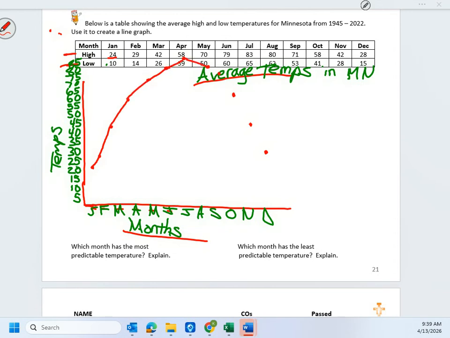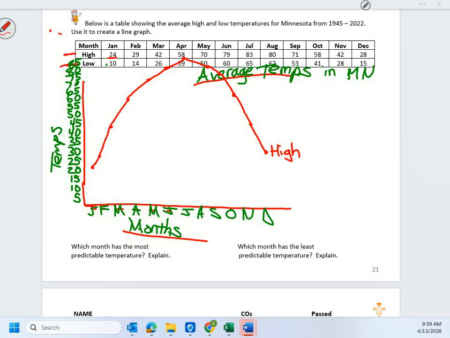Again, I'm using that word segment because it's not a full-on line where I put the arrows and it goes on forever. It just goes from one point to the next point, and then I'm going to label this my high.